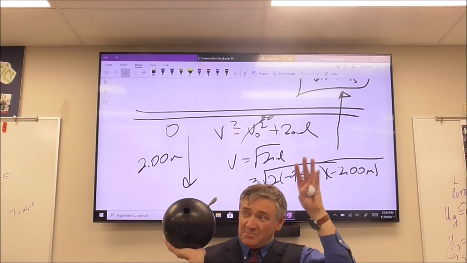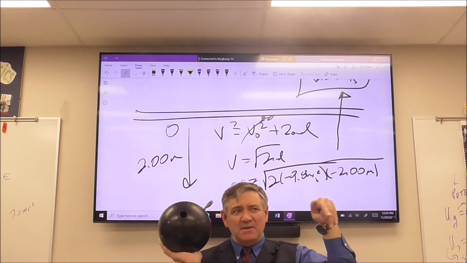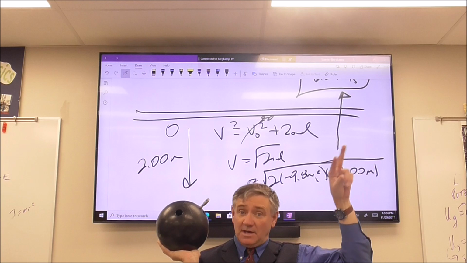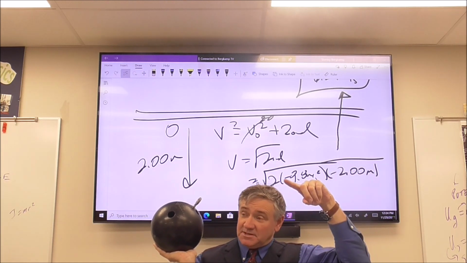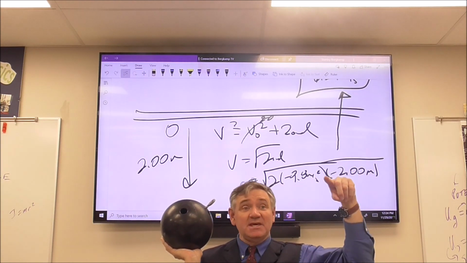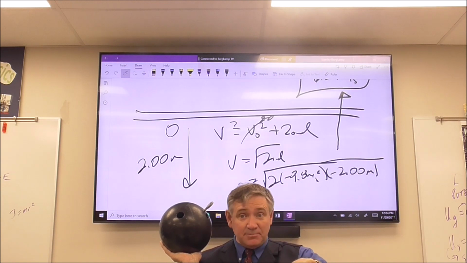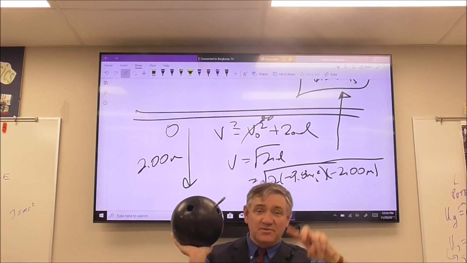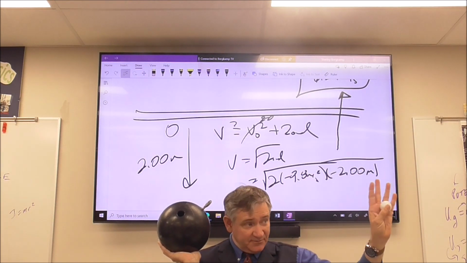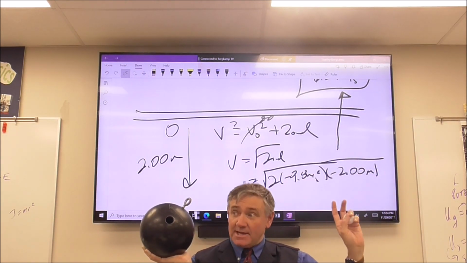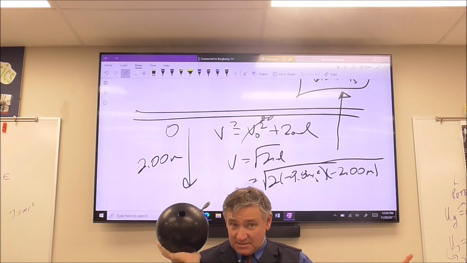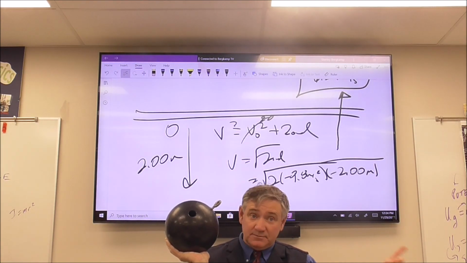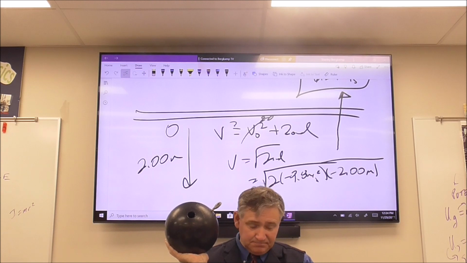But basically, the mass drops out, because to get that UG calculation, that was mgh, so I multiply by mass. But then when I do the velocity part of it, I divide by mass, so it basically drops out again. So that's why if I drop Gary or if I drop Hank, they end up with the same velocities, but they don't end up with the same energies. Got the difference between the two?